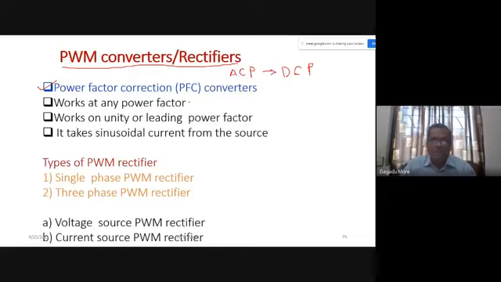They can work at unity, lagging, as well as leading power factor. So which operation can we prefer? We can prefer unity power factor operation.